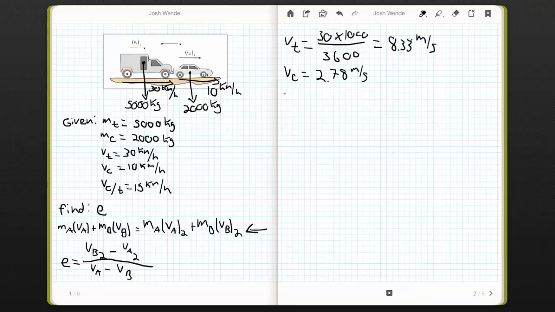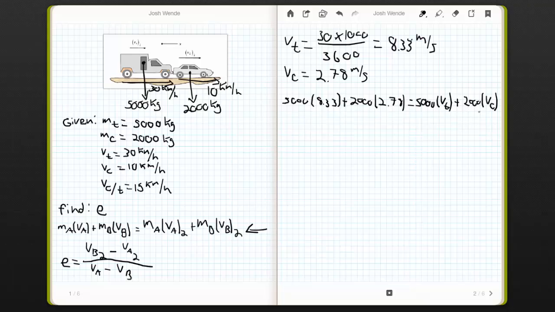So we have the mass of the truck, MA, which is 5,000, times the velocity of the truck, 8.33, plus the mass of the car, which is 2,000, times the velocity of the car, 2.78, equals the mass of the truck again, times, now this is what we don't know, the final velocity of the truck. We also don't know the final velocity of the car.